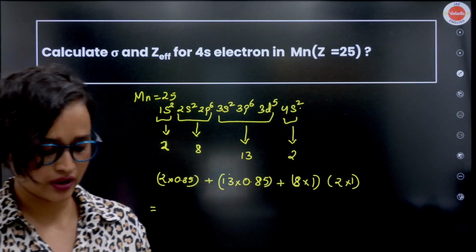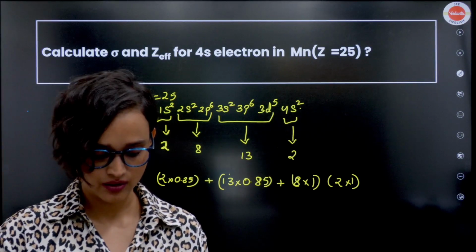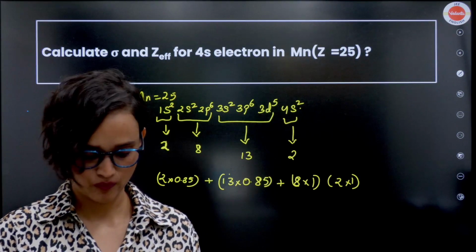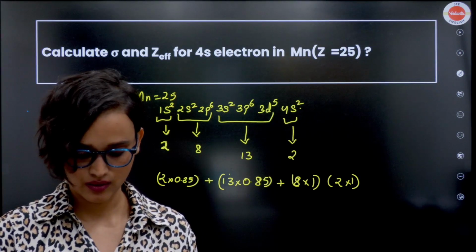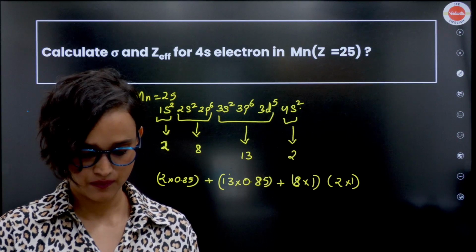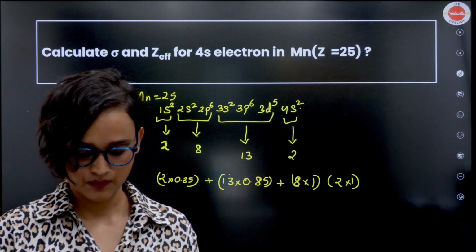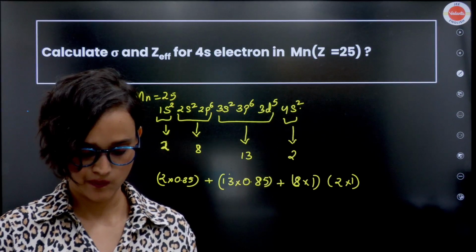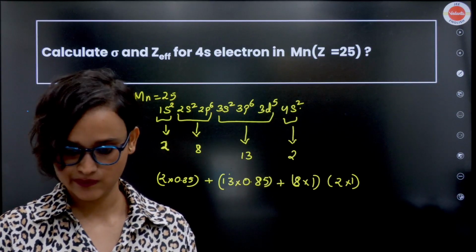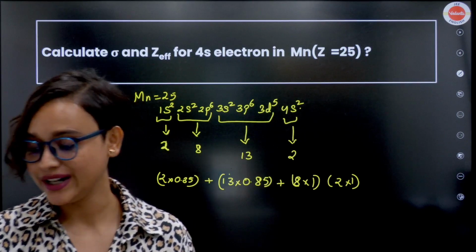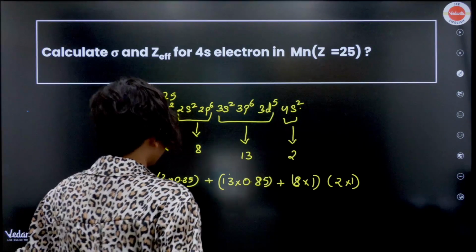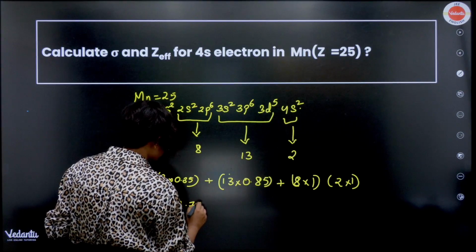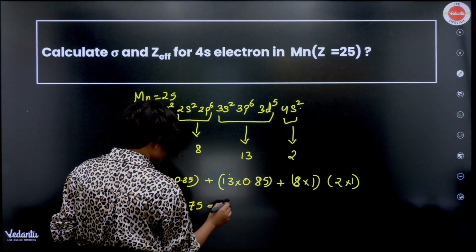I am so sorry, calculator made a mistake. 21.75. So this is equal to sigma.